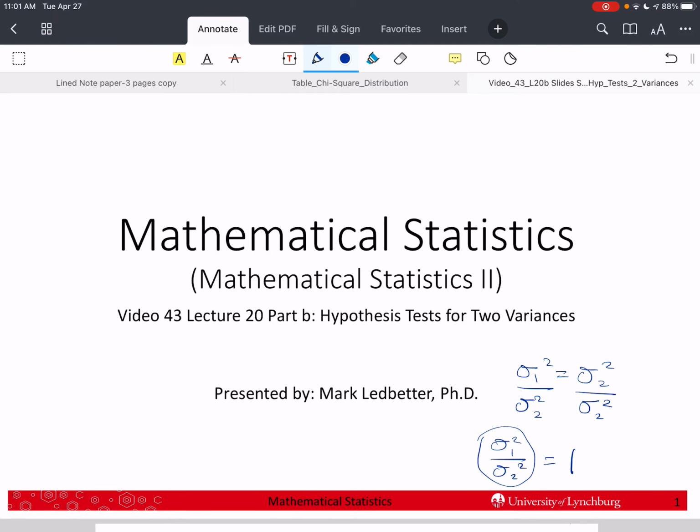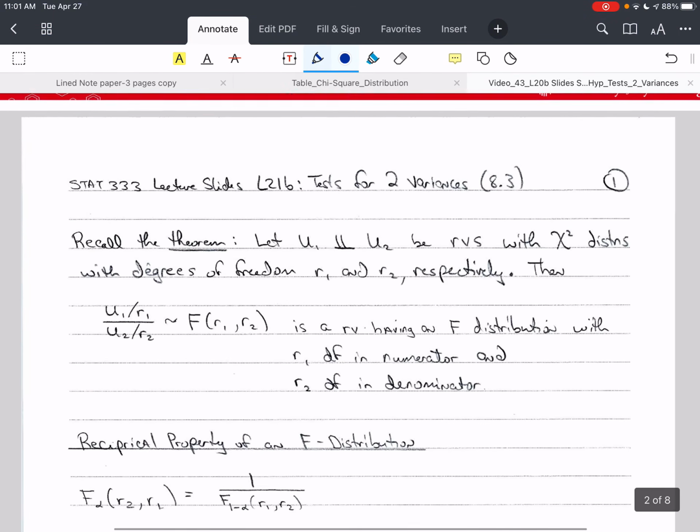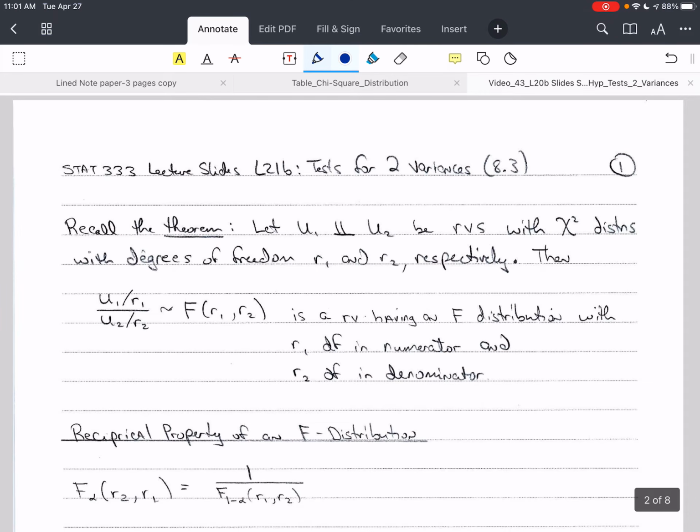So by doing this, we get an F test. So let's look at that. We had this theorem that we talked about in section 5.2 in chapter 5 somewhere last semester.